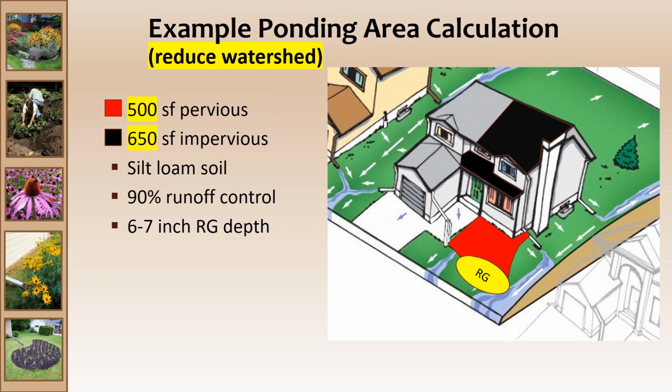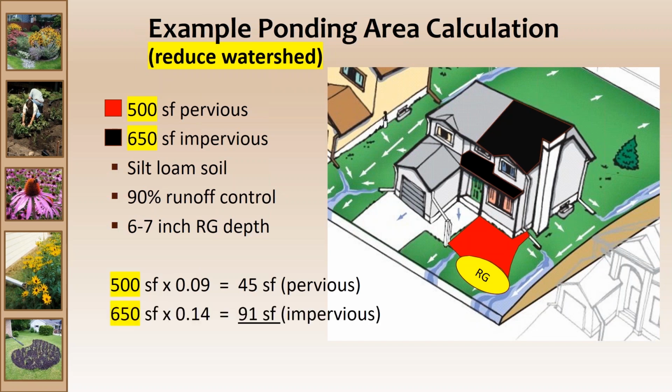So now we're reducing the pervious area to 500 square feet. We're reducing the impervious area to 650 square feet. You re-add those numbers and take the 9% times the 500 plus the 14% times the 650, and you end up with 136 square feet of ponding area.